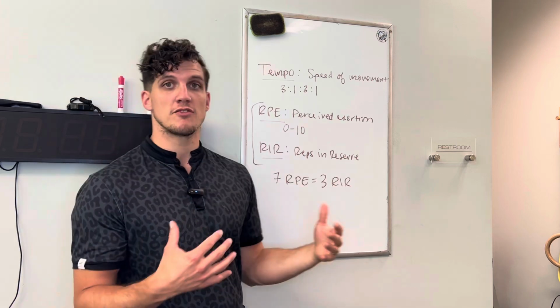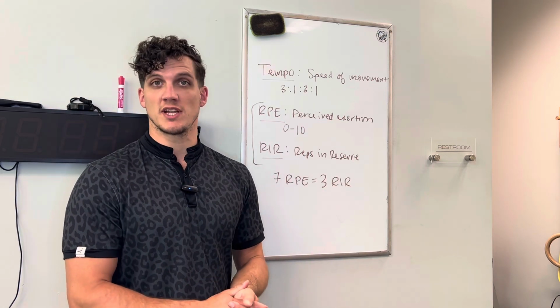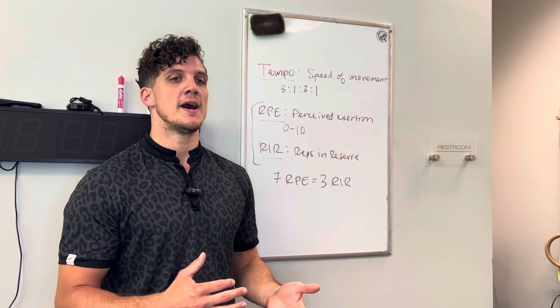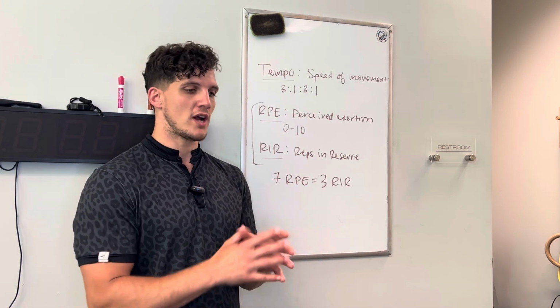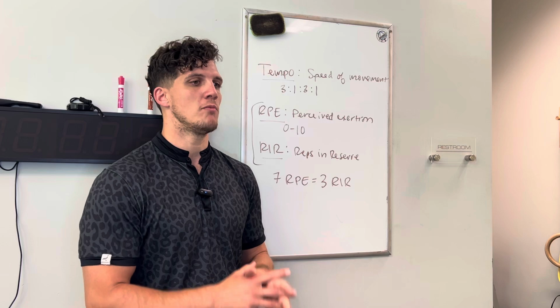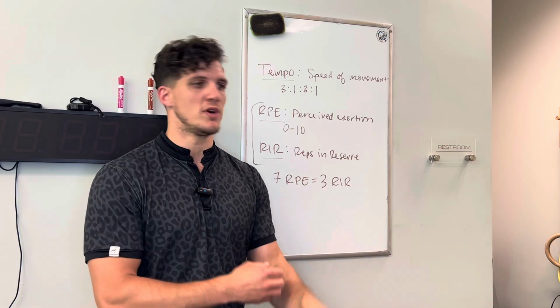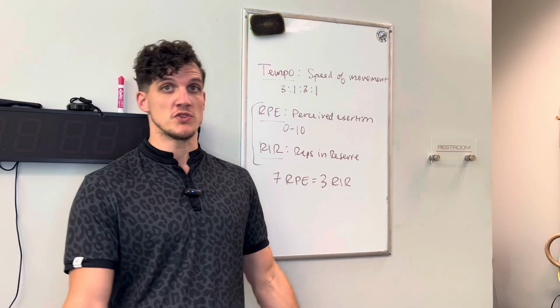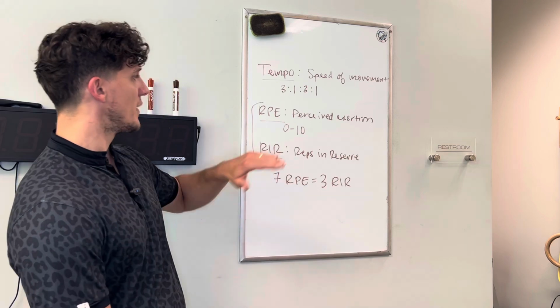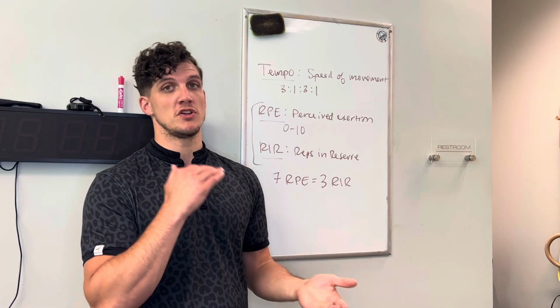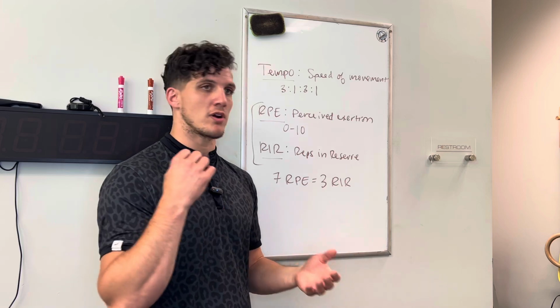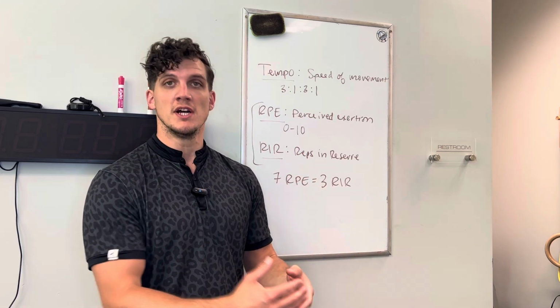RPE stands for rate of perceived exertion. Essentially, on a scale of 0 to 10, how challenging was that movement, or how challenging was that circuit, or how challenging was that sprint on whatever cardio equipment we may be using. It's scaled from 0 to 10, and 10 out of 10 means that you completely went all out and were 100% gassed and you failed within that movement.